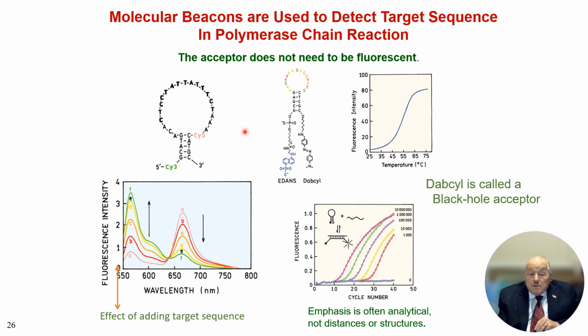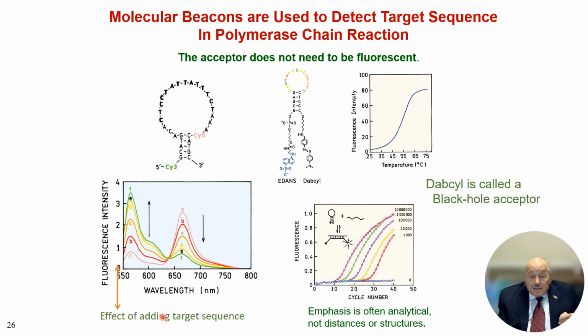FRET has also been used with molecular beacons. Molecular beacons are those DNA fragments that have a loop that allows a complementary region of the DNA to come together. And if in the sample it finds sequences that match here, well, that breaks apart the molecular beacon and the energy transfer is turned off.